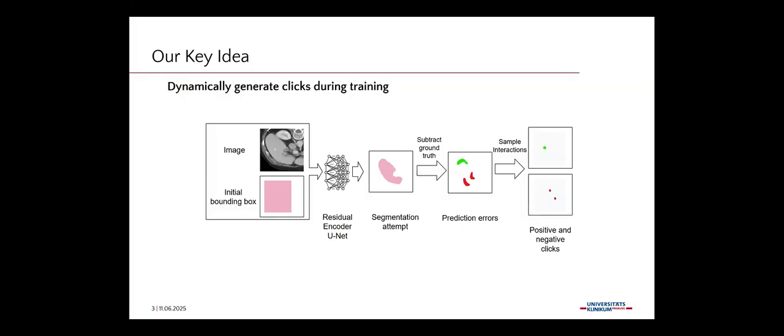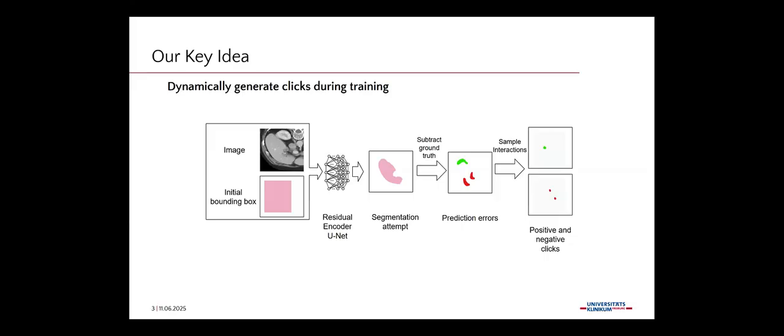We also wanted a training loop that is very simple and robust, so we usually only generated a single click. We didn't go through several clicks during training. We either train directly on the initial image and the bounding box, or, once we have one predicted segmentation from the network, we feed it back in and make a single correction click.